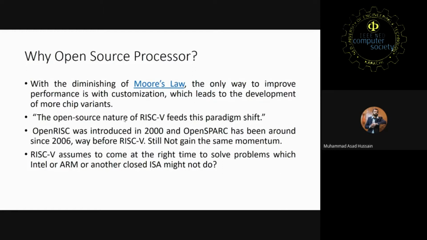So what the world is seeking is to improve the performance with customization. That leads towards the development of more chip variants, and the open source nature of RISC-V feeds this paradigm shift.